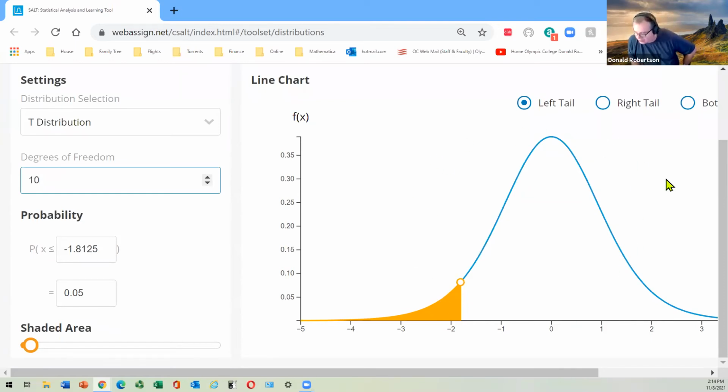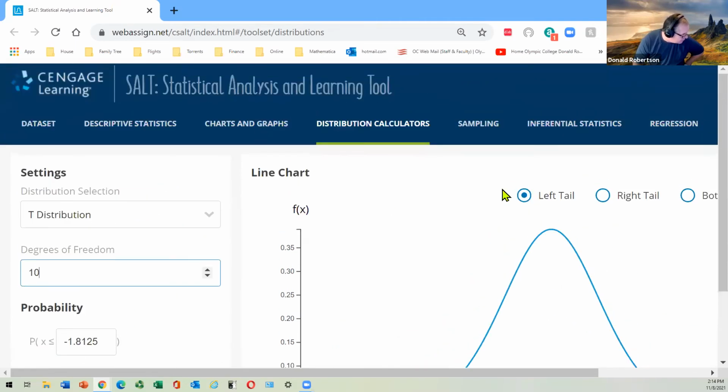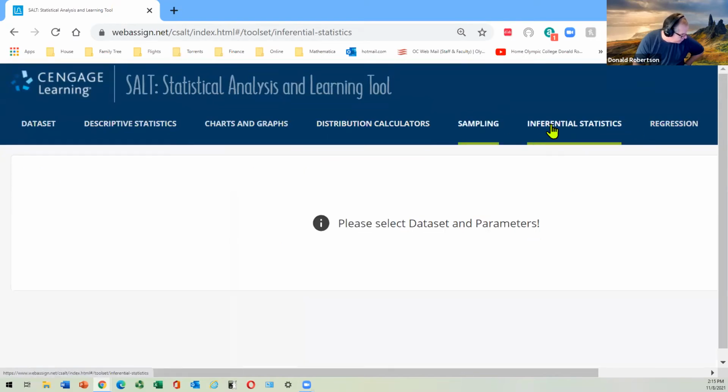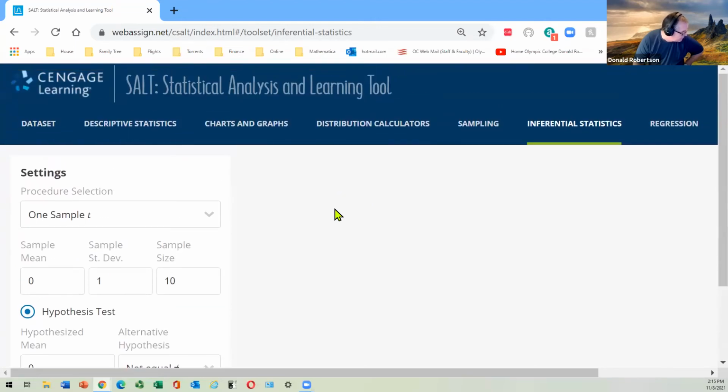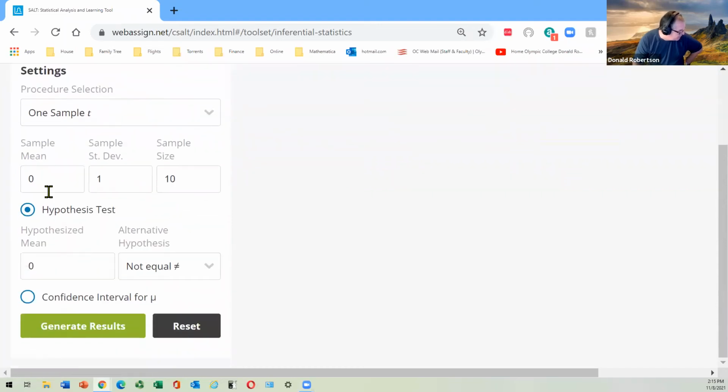Doesn't it look just like a normal distribution? You agree? Well, it's basically the same shape. Now, what you haven't got here, and I'm going to have to go here to inferential.